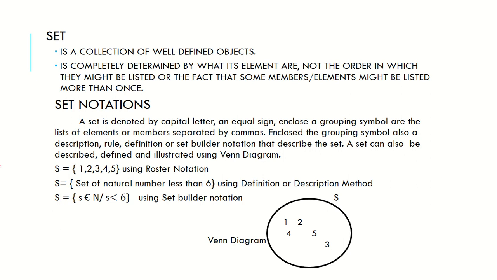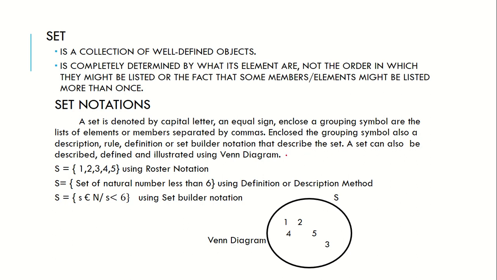Set notations. We denote a set by a capital letter. Enclosed in a grouping symbol are the list of elements or members separated by commas. Also enclosed in grouping symbols are a description, a rule, a definition, or a set-builder notation that describes the set.